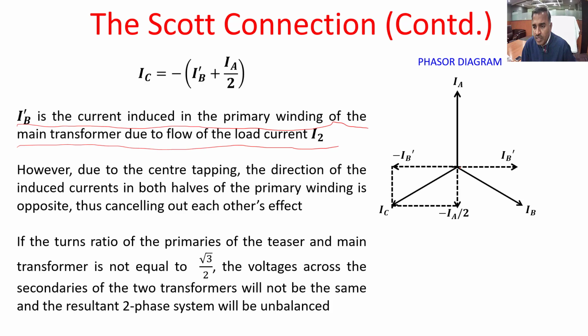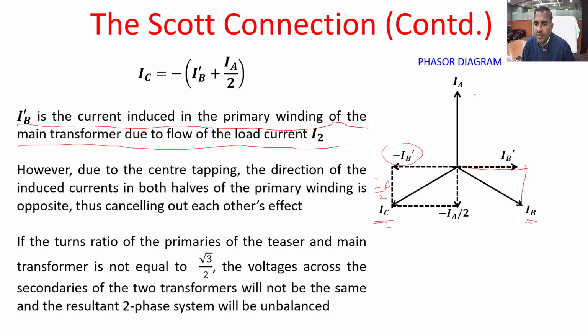IB dash will be adding with IA by 2, minus IA by 2, and then making this IB. So this is minus IA by 2 and here also minus IA by 2. So minus IB dash and then minus IA by 2 will be making IC. This is how the IB and IC phasors will be.